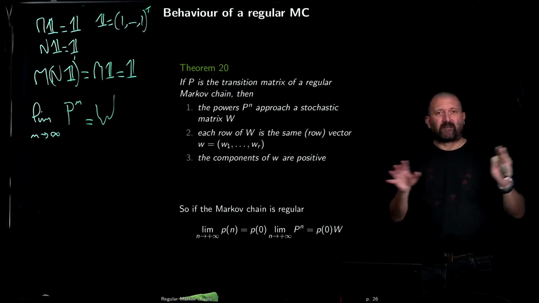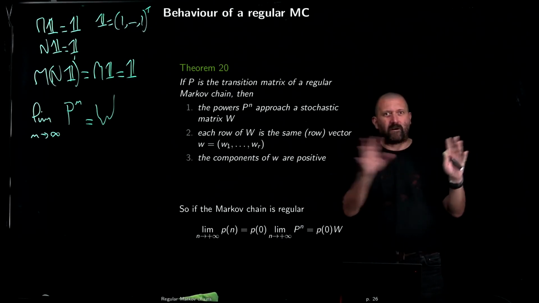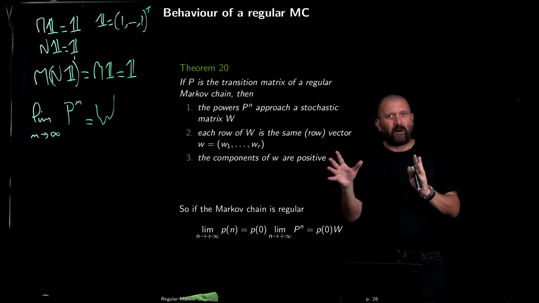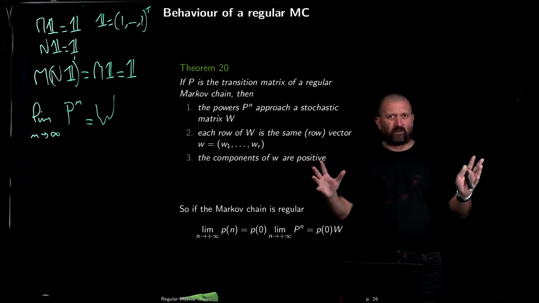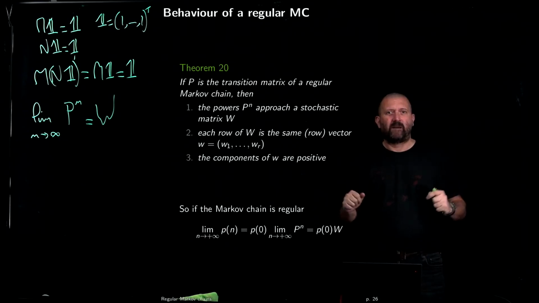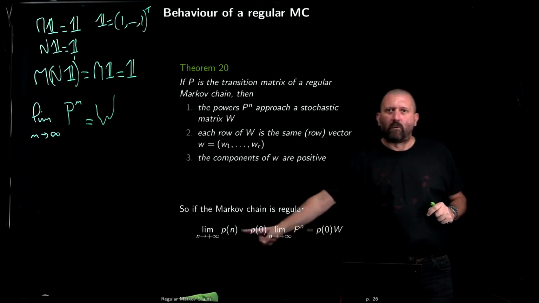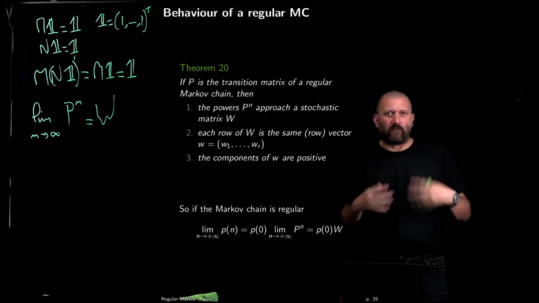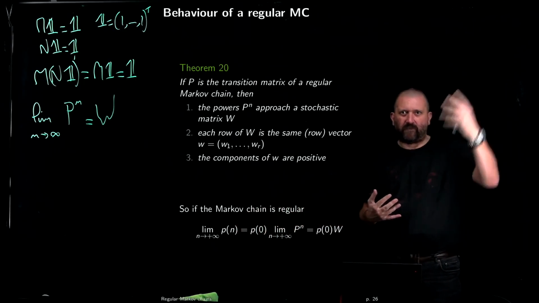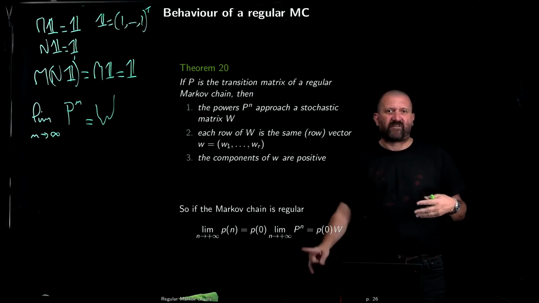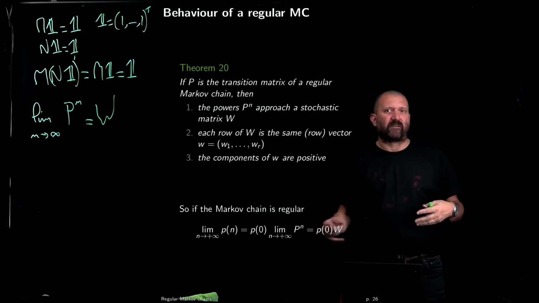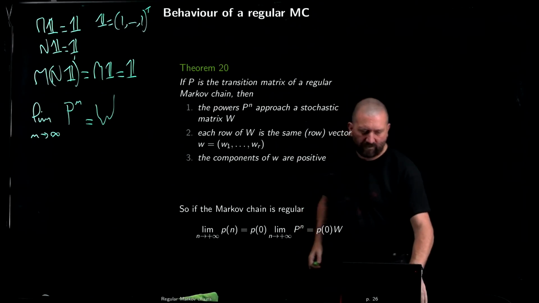It's not going to be 0 somewhere with the rest summing to 1. We know that all the components are positive. So if we have a regular Markov chain, the limit when n goes to infinity of P of n is simply P of 0 times this matrix. And I'm going to show you how to compute this.